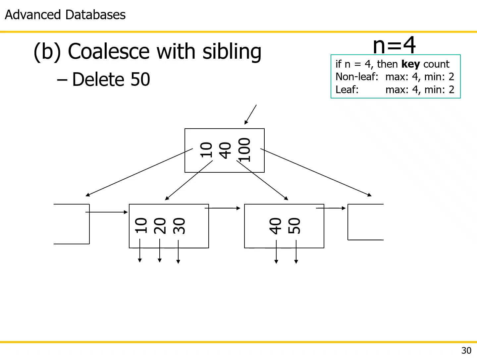In insertion, we favor creating new nodes. In deletion, we favor compacting the tree, which means we favor deleting nodes. So if I take the 30 and put it beside the 40, I'm not going to delete any node to solve my problem of having a minimum of 2 keys. But what I'm going to do instead is take the 40 and put it along with the 10, 20, and 30, because I'm trying to get rid of nodes here. Instead of trying to create new nodes, I'm trying to get rid of the node.